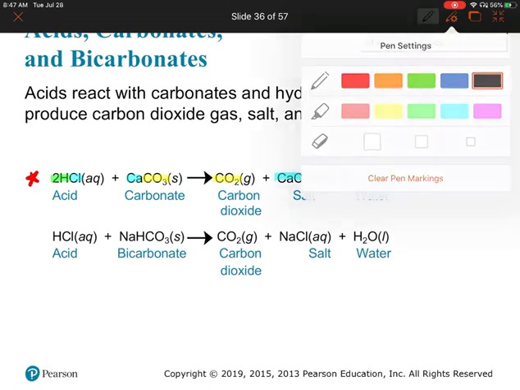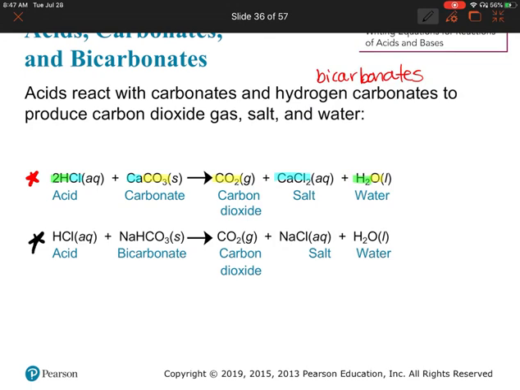So let's look at the second reaction here. Here we have hydrochloric acid again, and this time it's reacting with sodium bicarbonate. And then that's going to give us very similar products. We have CO2 and H2O, but our salt is different. And again, the salt depends on what's left over. So again, CO3 is going to give us CO2, and one of the oxygens will go to water.